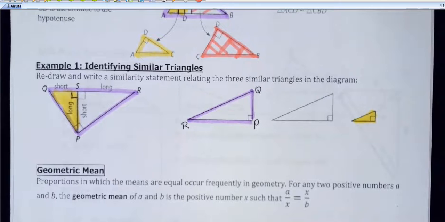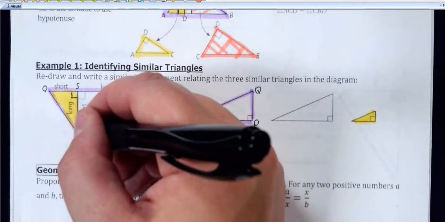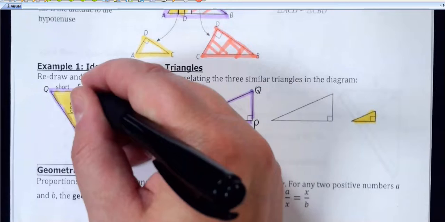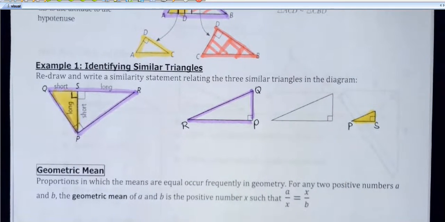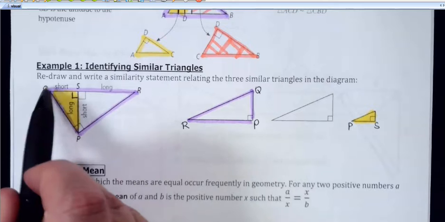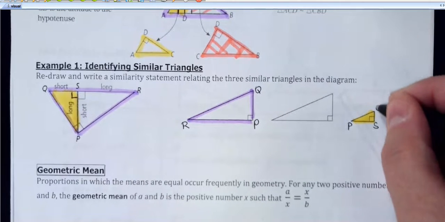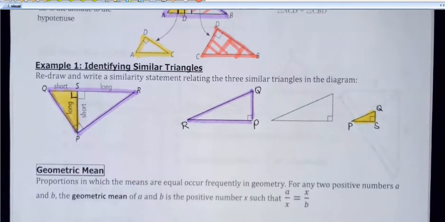Now, the long leg in that little bitty baby triangle goes from P to S, and S is where your right angle is at. Your short leg goes from S to Q. S is where the right angle is at, so the Q would go there. And then the hypotenuse of the little bitty yellow triangle that I got colored in there would be from Q to P, but I've already got it labeled.